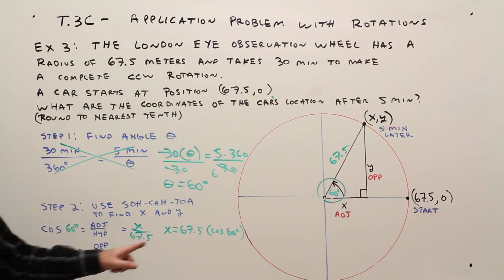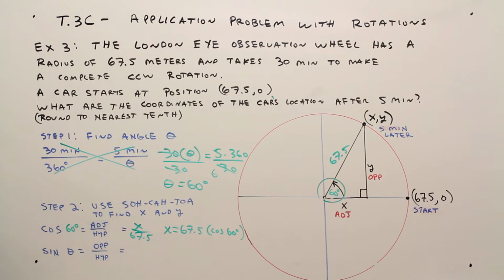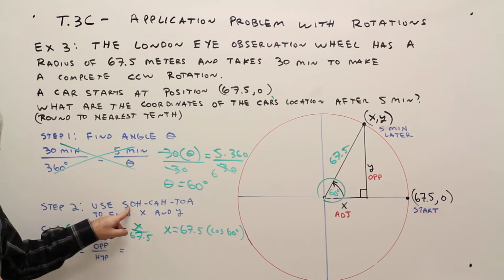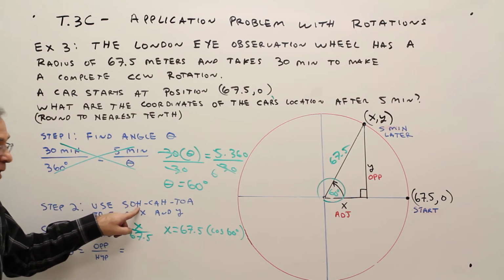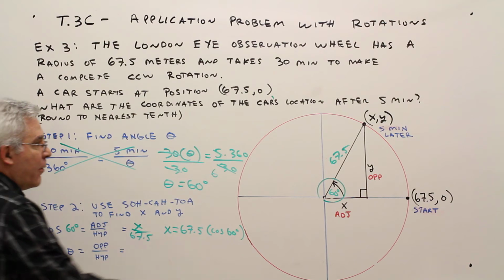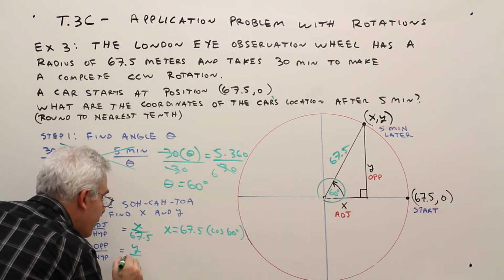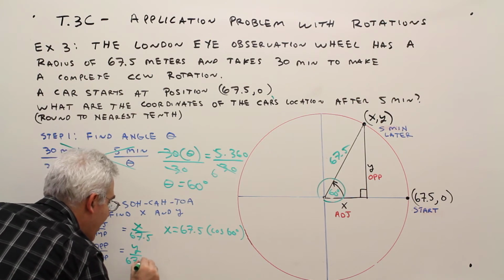To find the y-coordinate, that's associated with the opposite side, so sine of theta equals opposite over hypotenuse. Again, sine, opposite, hypotenuse. So let's fill in what I know. The opposite side I'm looking for, that's y. The hypotenuse, once again, is 67.5.